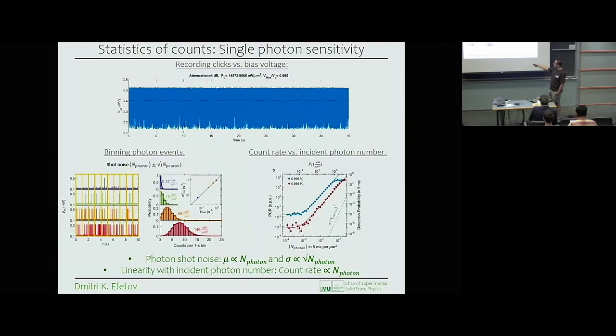We can also look at the Poissonian distribution of these clicks, and both tell us that it's really shot noise, random events that happen. The other thing that we want to do with such a device is to look at the count rate as a function of absorbed photon number. The count rate that we find is linear with absorbed photon number, and not squared or cubed. So this also allows us to deduce that it's consistent with single photon events.